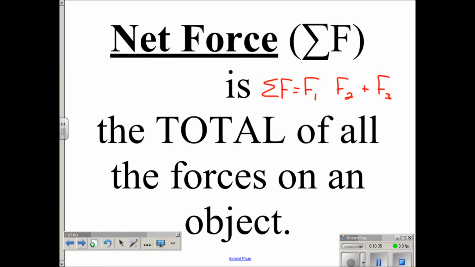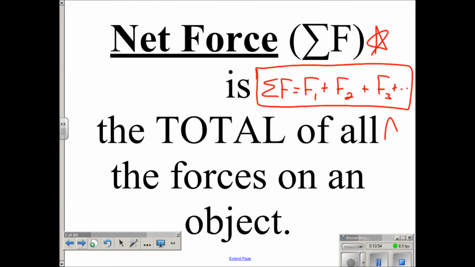To calculate net force, you just add them all up. Okay? So, you know, if there's 100 forces, then you're going to add them all up. If there's 2 forces, you're going to add them up. If there's no forces, then your net force is just 0, right? Because there's no forces. Okay? So this is your first new equation for this chapter. Please write it down, put big stars around it, draw a smiley face, because smiley faces are fun.